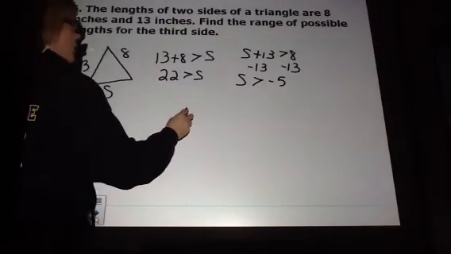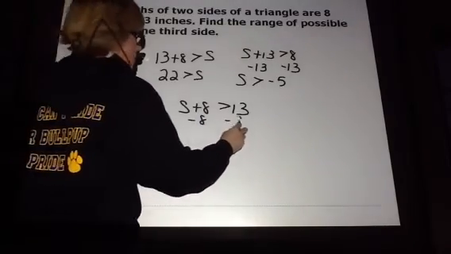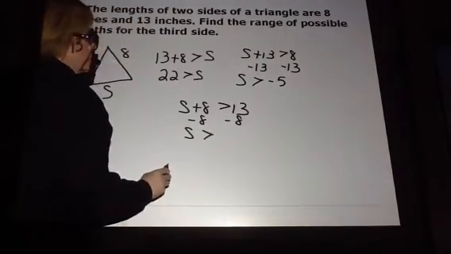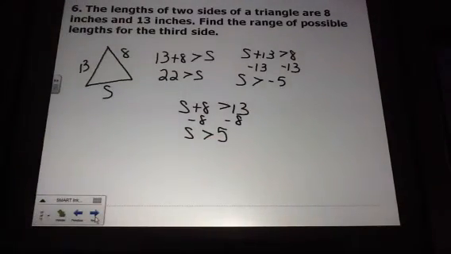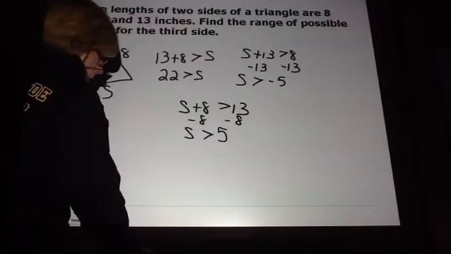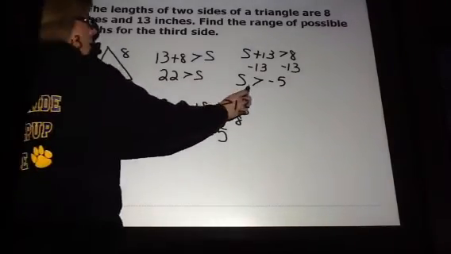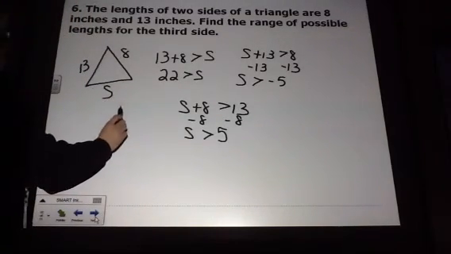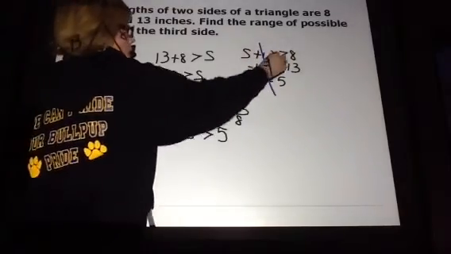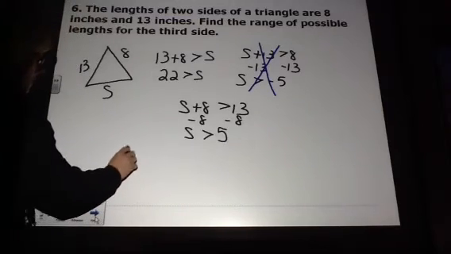And then we have 22 is greater than S, S is greater than negative 5. Well, can we have a measurement of a segment as a negative number? We cannot. So S is greater than 0, so our least number here is 0.